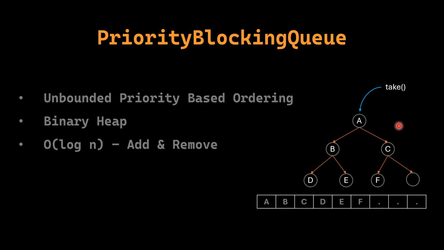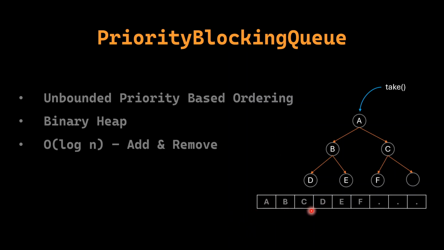Priority blocking queue uses binary heap data structure, which is efficiently represented as an array. The heap property ensures that the highest priority element, according to the specified ordering, is always at the root. When you add or remove elements, the heap adjusts itself to maintain this property.